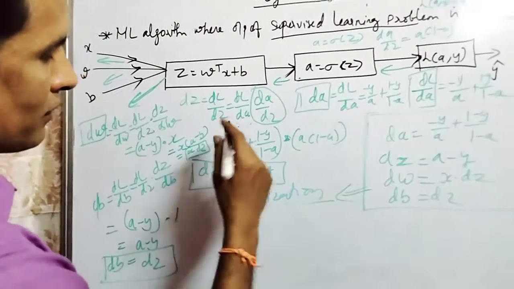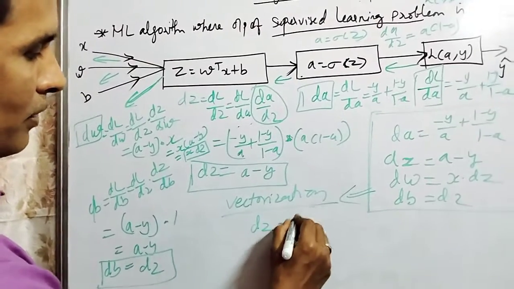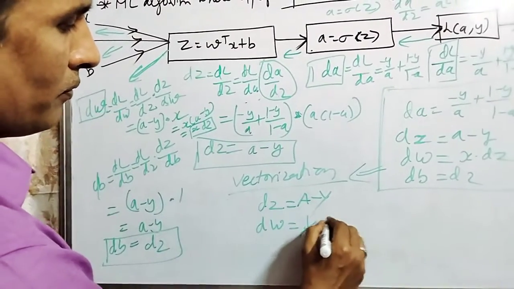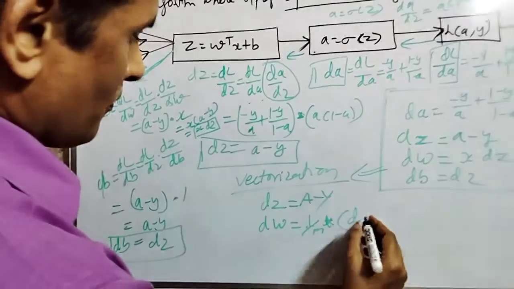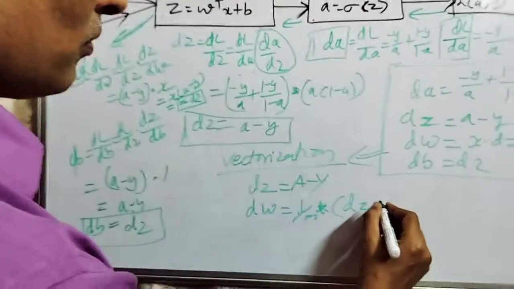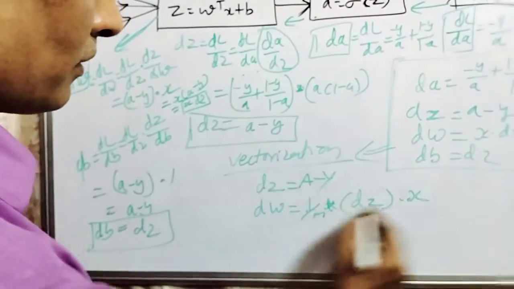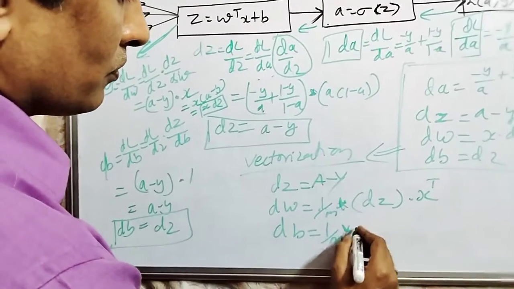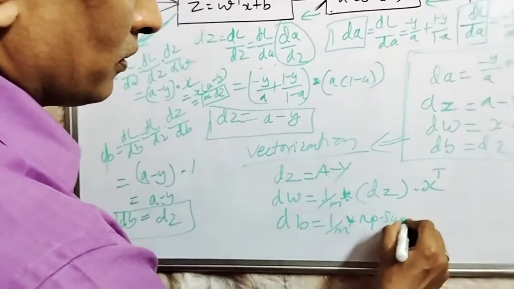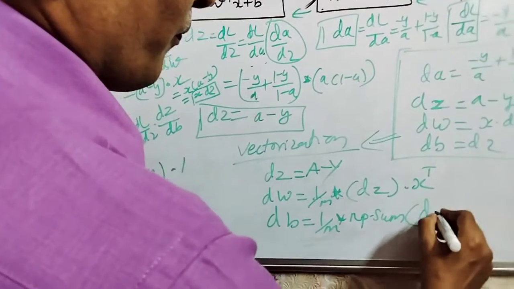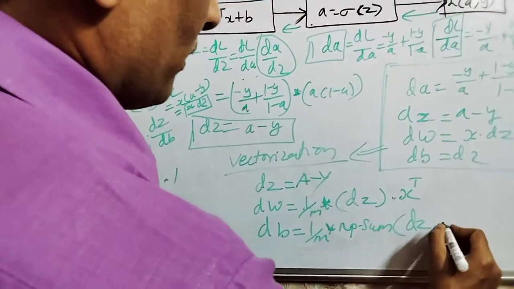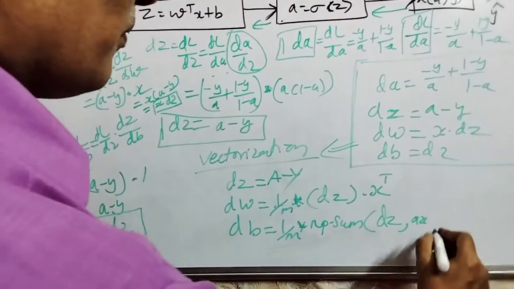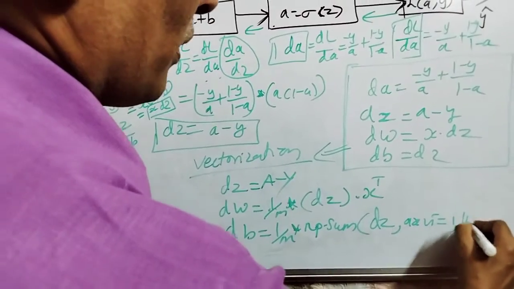So when we vectorize this logistic derivation, dz can be written as a minus y, and dw is equal to 1 by m into dz into x transpose, and db is equal to 1 by m into np dot sum of dz, with axis equal to 1 and keepdims equal to true.